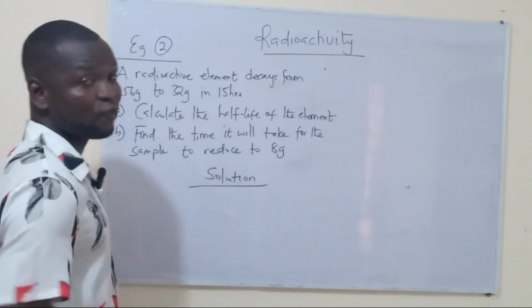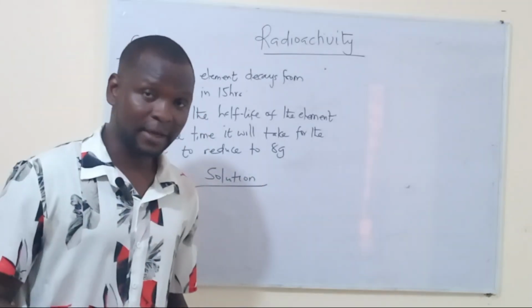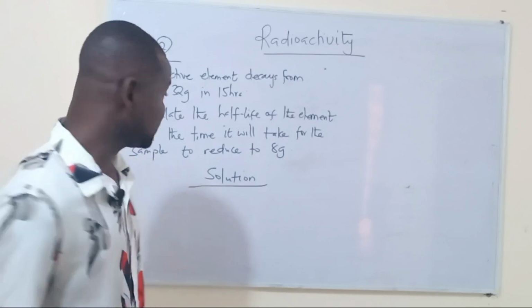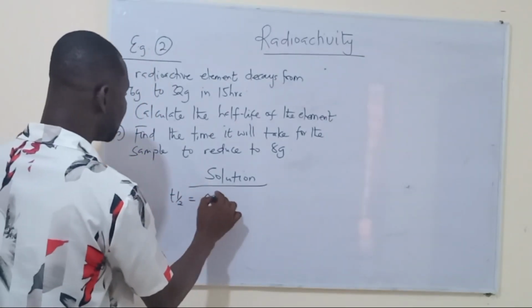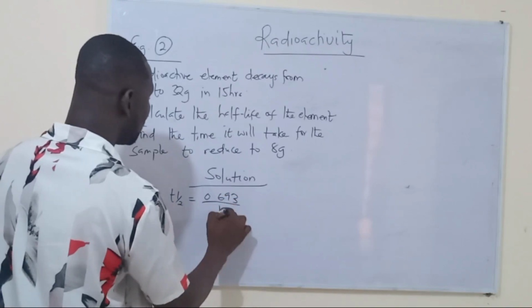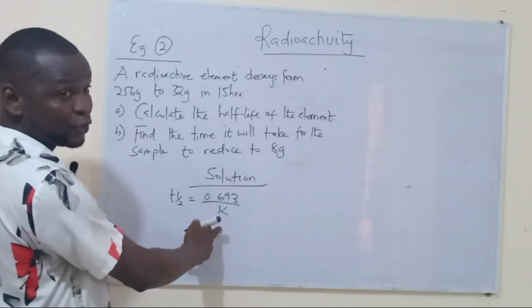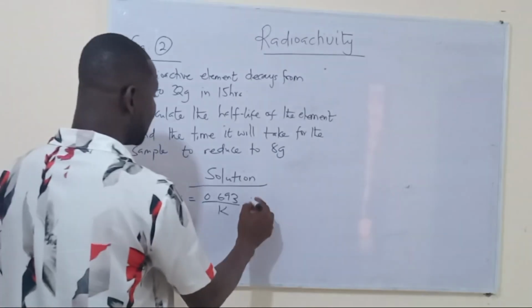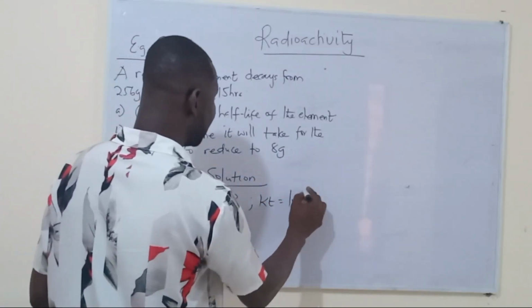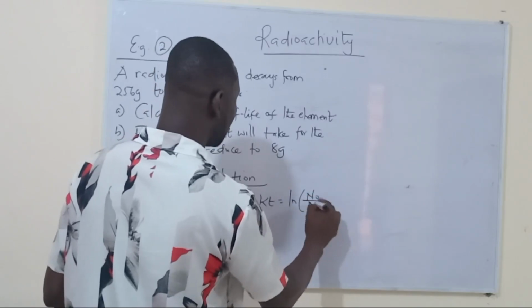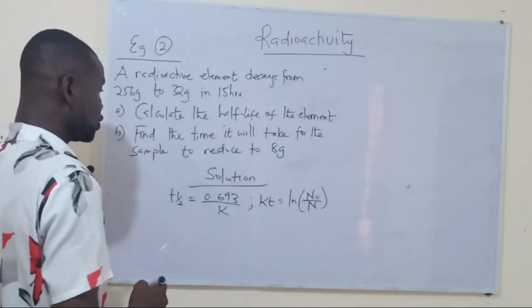With this type of question, we cannot use a graphical method, only the mathematical method. So I know that my half-life is equal to 0.693 on K, but I don't know K. But I also know that my KT is equal to ln(N0/N).